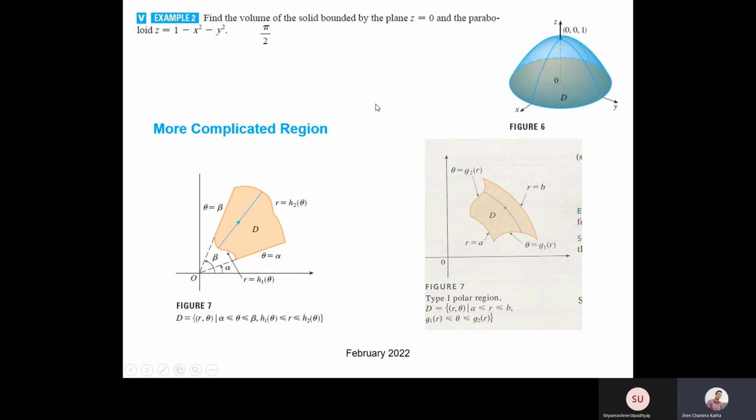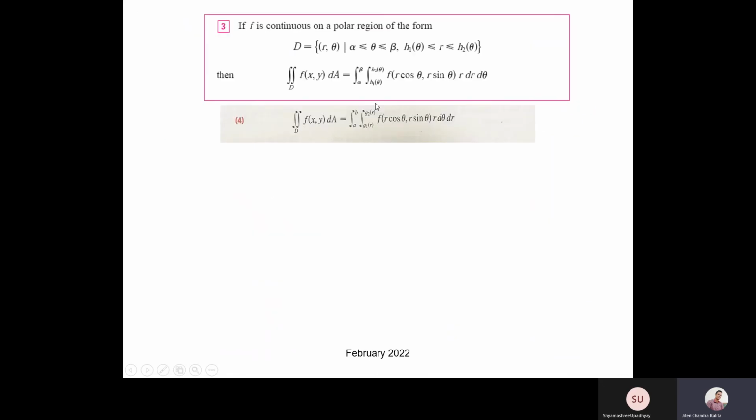So in those cases, as in type 1 and type 2 regions, if f is continuous on a polar region of this form, which I can call type 1 for polar coordinates, then this integral becomes this. Firstly you integrate with respect to r, because the two curves give r in terms of theta.